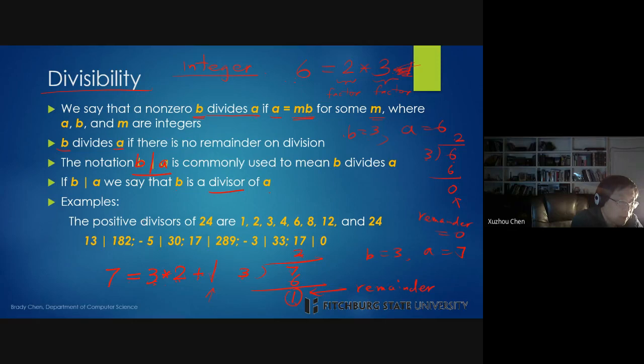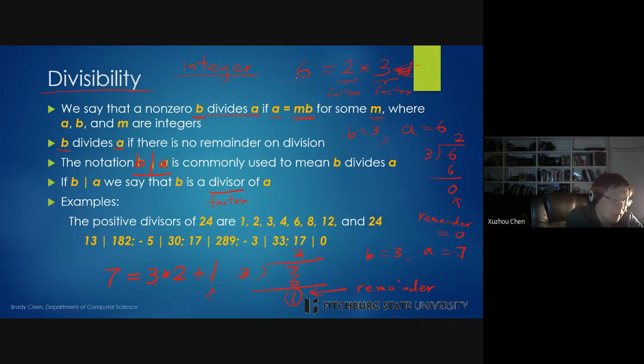You can use several different terminologies, but basically they mean the same thing. When I say b is a divisor of a, or b is a factor of a, it means the same thing. So 2 is a divisor of 6, or 2 is a factor of 6.